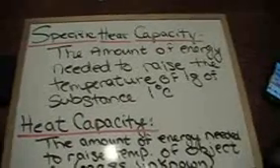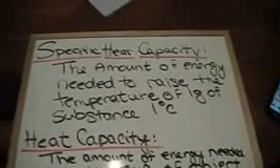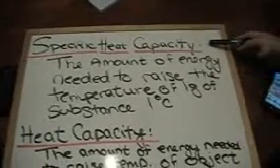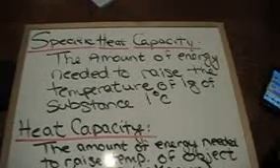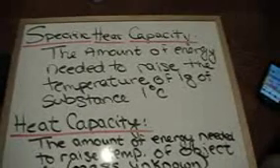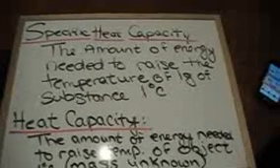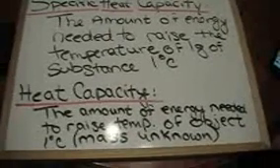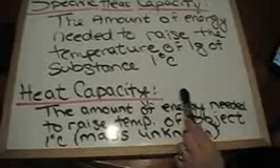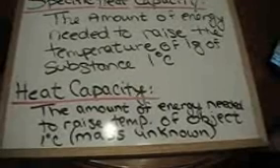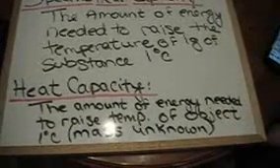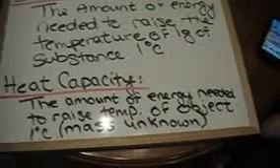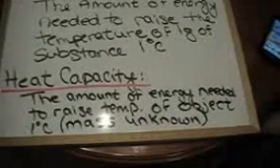There's two kinds of C. There's straight specific heat capacity, which is the amount of energy needed to raise the temperature of 1 gram of substance 1 degree Celsius. But heat capacity, which isn't specific, is the amount of energy needed to raise the temperature of an object or a sample 1 degree Celsius.